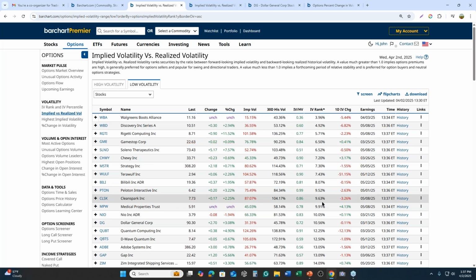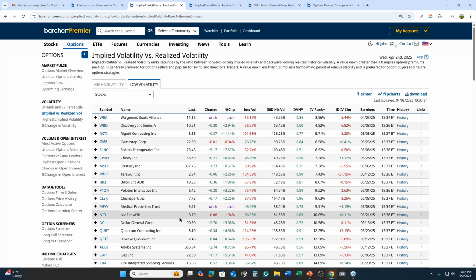And then, we also want to look at the significance of our implied volatility below our historical. Again, I looked at a lot of these this morning and I didn't find any really great examples until I got down to Dollar General. Again, our historical is at 45.78. Our current implied volatility is 31.31.